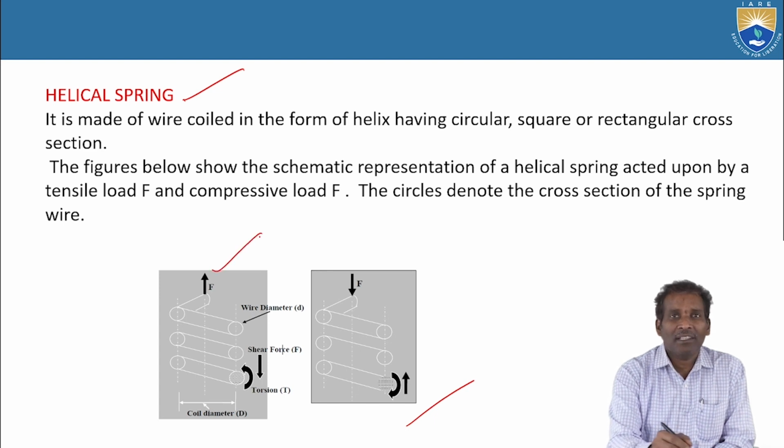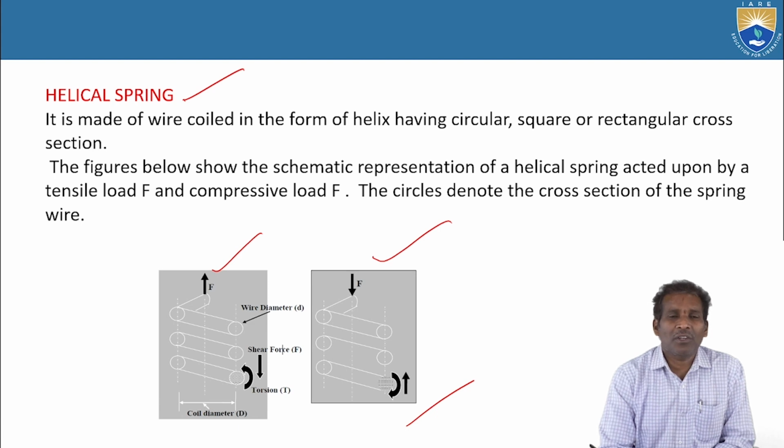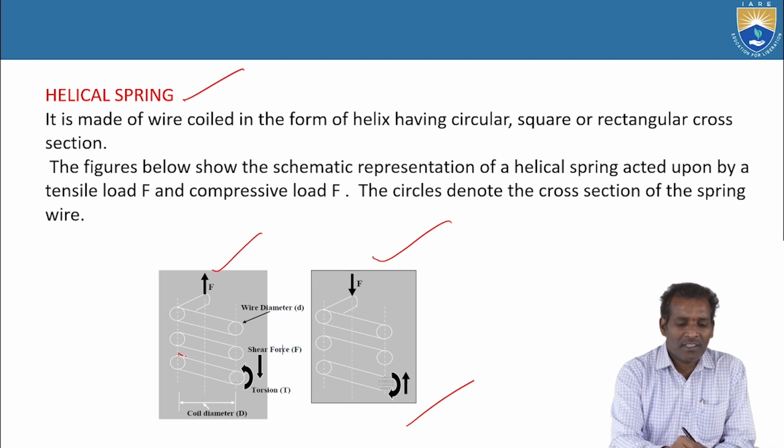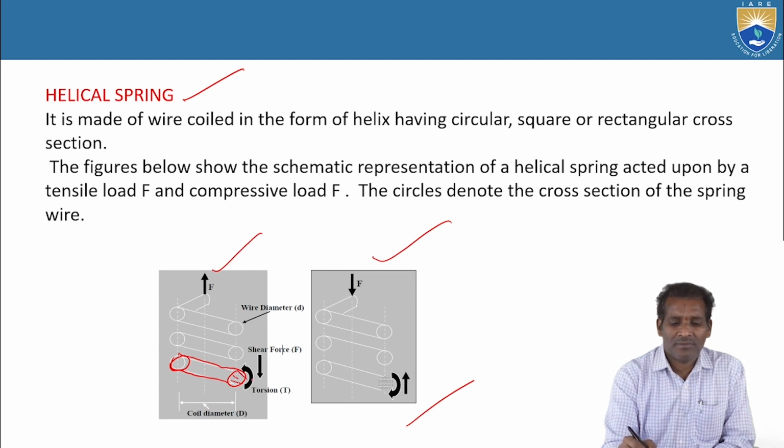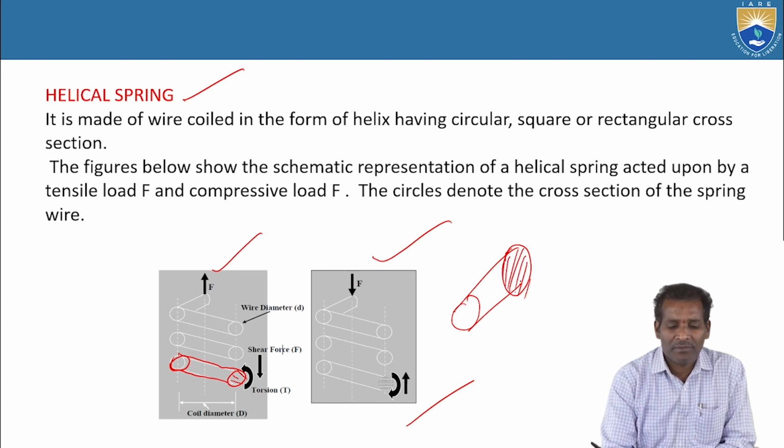A tensile load is acting and a compressive load. The circles denote the cross section of the spring wire. Whenever it is subjected to torsion T, it will deflect.